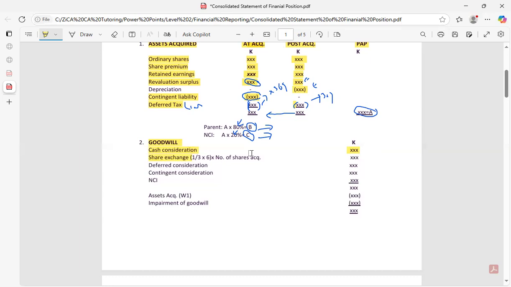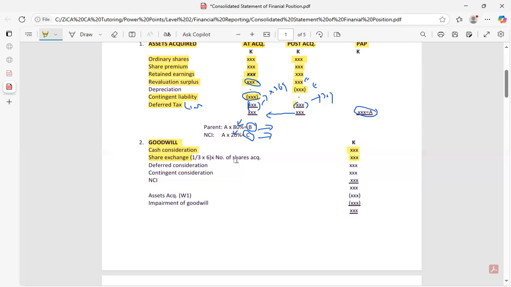So for a share exchange, you have to say the number of shares that have been bought divided by the number of shares that are being exchanged, and then you multiply by the share price. The share price of who? The share price for the parent, because the parent is the one that's transferring the shares. And then you multiply it by the number of shares that have been acquired, and then you bring this here.